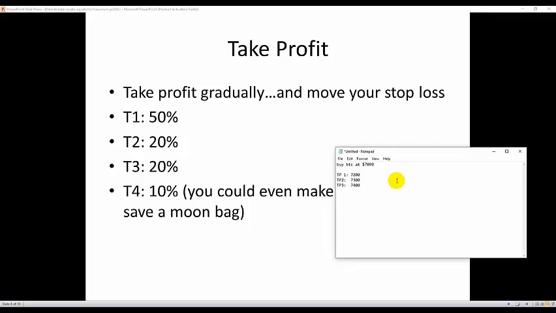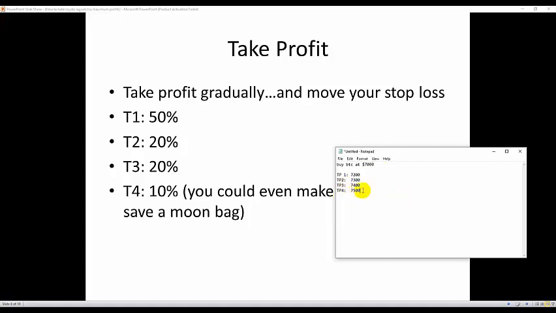Okay, let's give a final TP, let's say TP4. Place TP4 at 7,500. So this is the same thing as saying buy BTC at 7,000, take profit at 7,500.